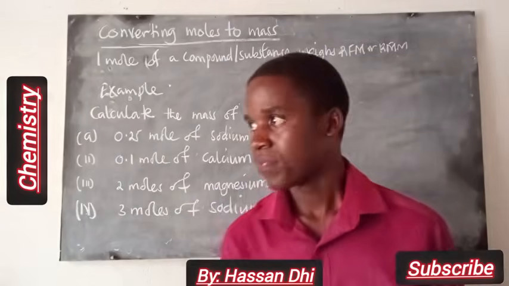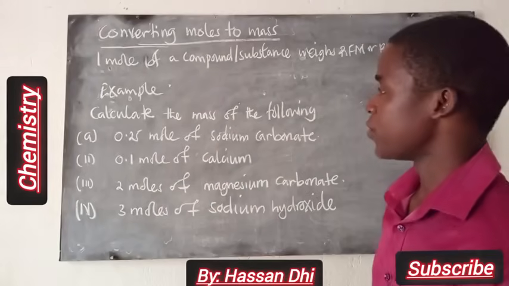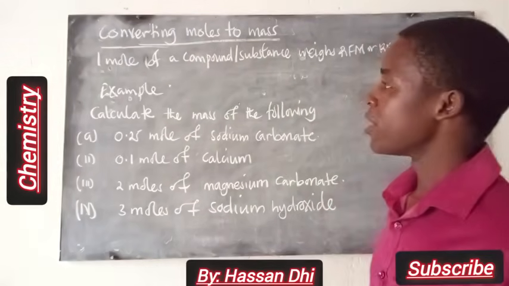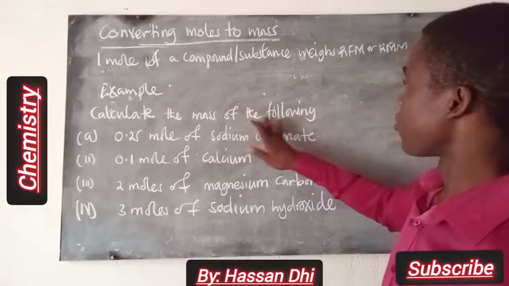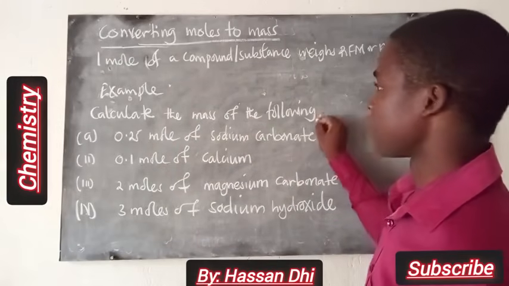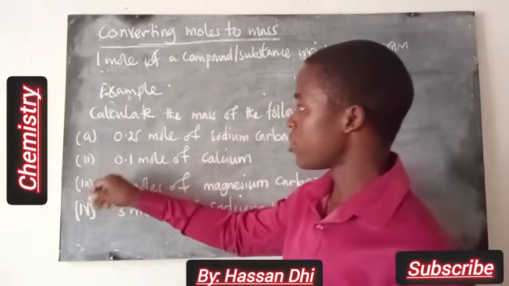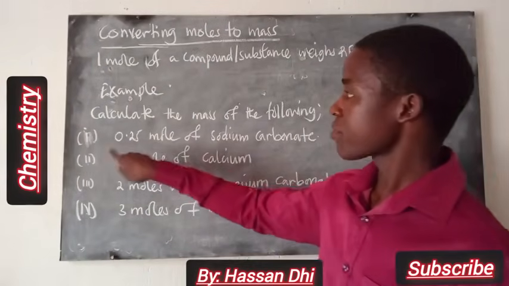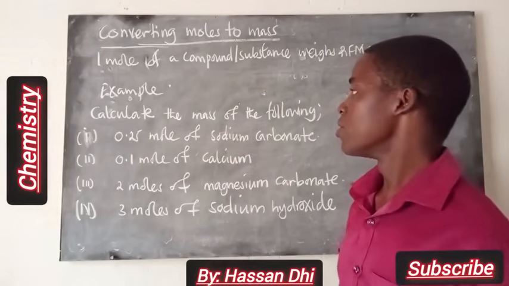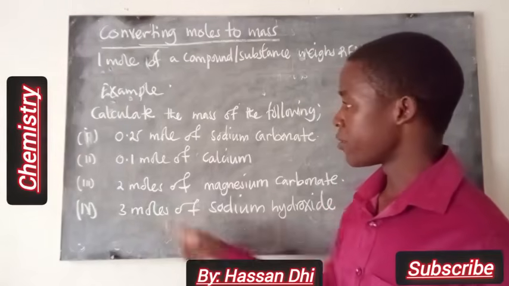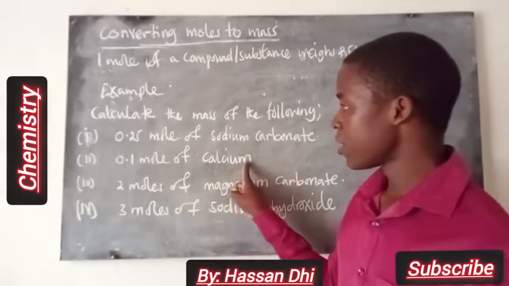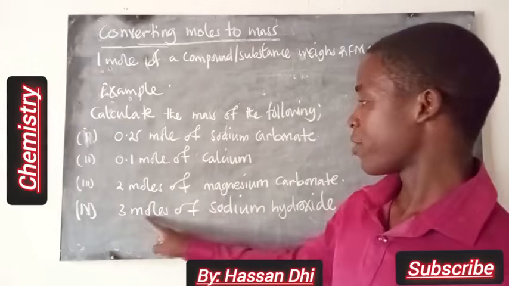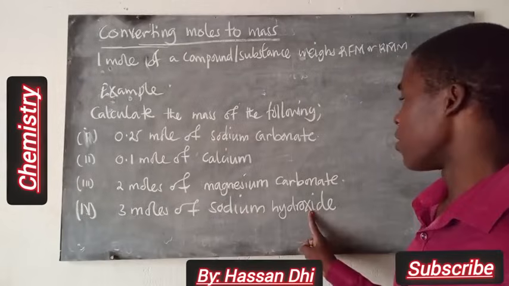Yes, this is what we are going to use to understand the concept of converting moles to mass. We are saying calculate the mass of the following: 0.25 moles of sodium carbonate, 0.1 moles of calcium, 2 moles of magnesium carbonate, and 3 moles of sodium hydroxide.